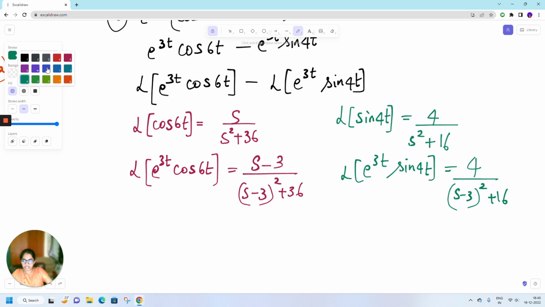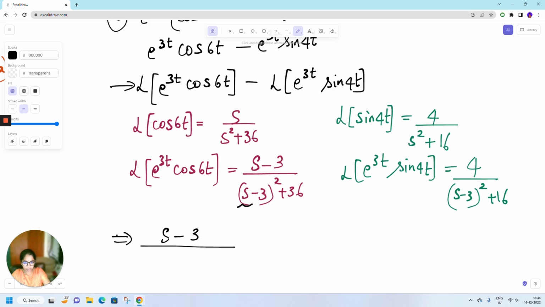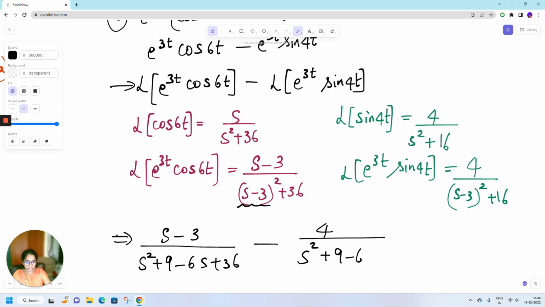Now let me write it down. From this step we have this step: s minus 3 divided by, let me apply (a minus b) whole square to this, s square plus 9 minus 6s plus 36, minus 4 divided by the same thing, s square plus 9 minus 6s plus 16.